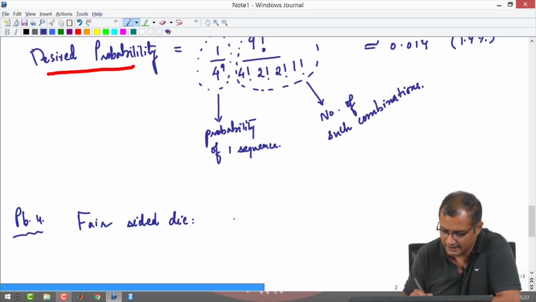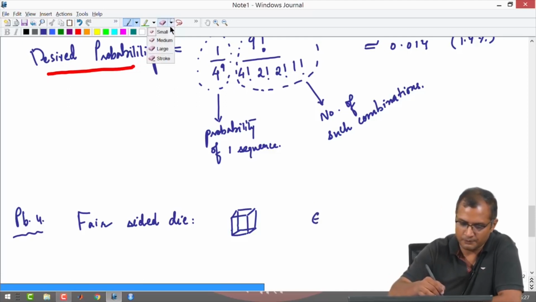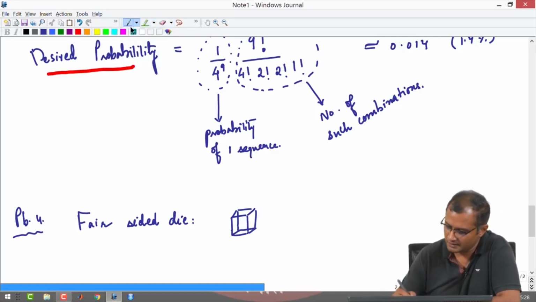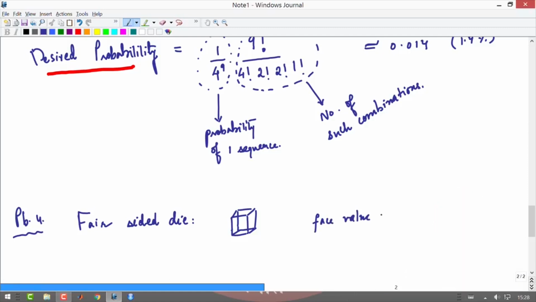A die is basically a cube shaped object, and on each side of this cube you have a number written on it. Okay, so you can say that the face value of a die is, let us say, mu, and this mu belongs to one of these digits.